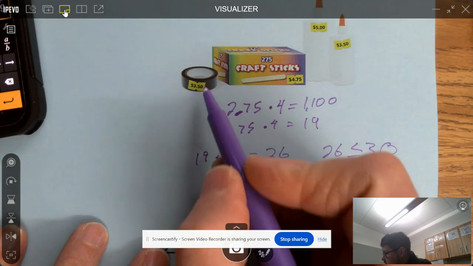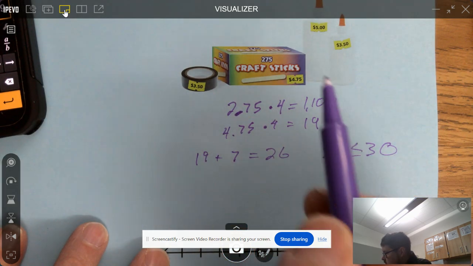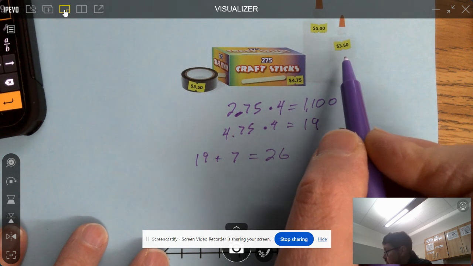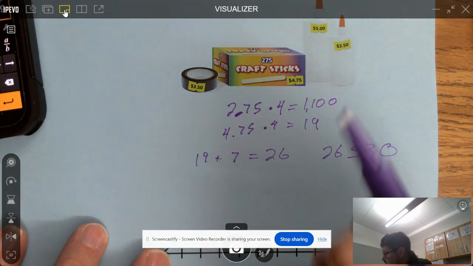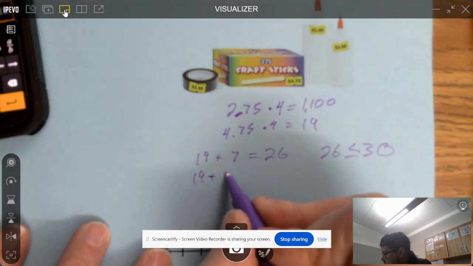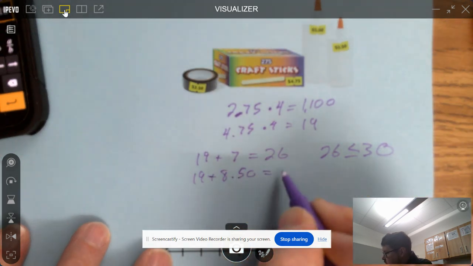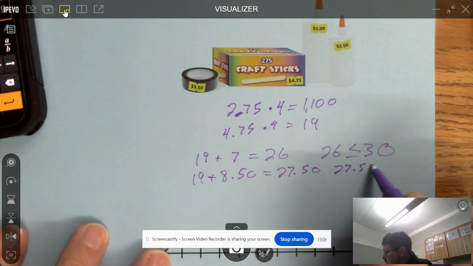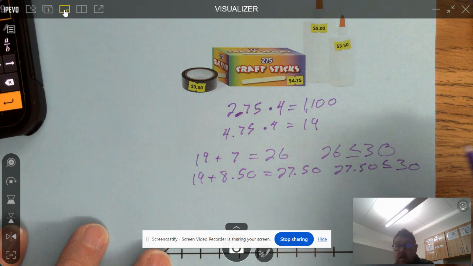So that gets us enough craft sticks, one thing of electrical tape, and one small glue. But I think we could actually get a big glue as well, because 19 plus 3.50 plus 8 is 19 plus 8.50, which is going to be 27.50. So that's also less than 30.